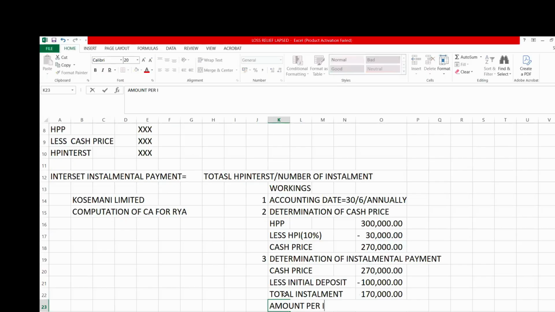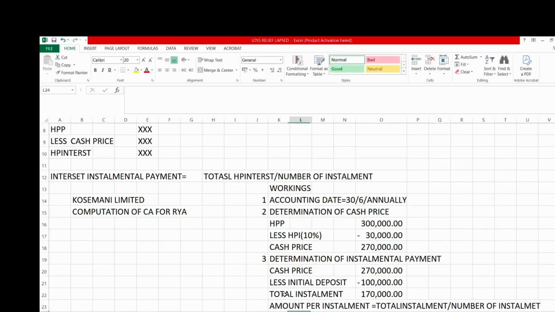Amount per installment will be equal to total installments divided by the number of installments.